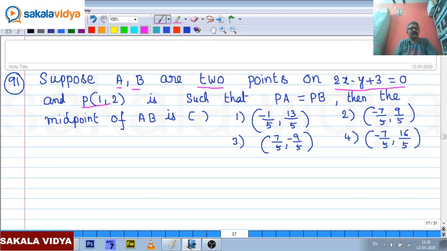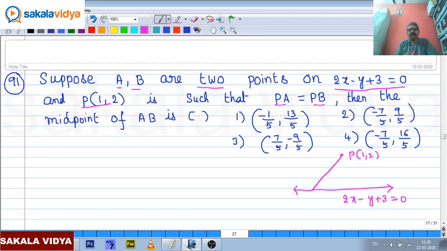P is a point such that PA equals PB, and P does not lie on this line. For example, this is the line 2x minus y plus 3 equals 0, and P is the point (1, 2) here.